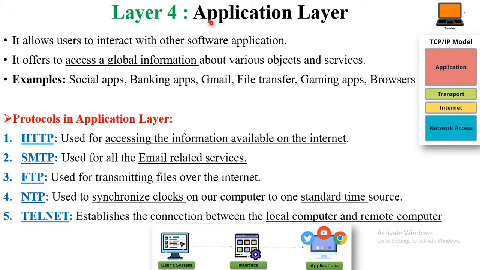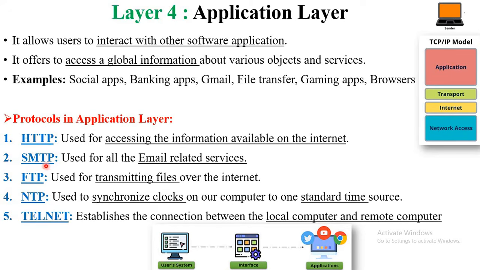Now, in the application layer, there are different protocols used for communication purposes. The first protocol is the HTTP protocol, that is Hypertext Transfer Protocol. See, when you search something on the internet, suppose you search www.google.com, this HTTP protocol is used for accessing all the information over the internet. It performs smooth communication between client and server.